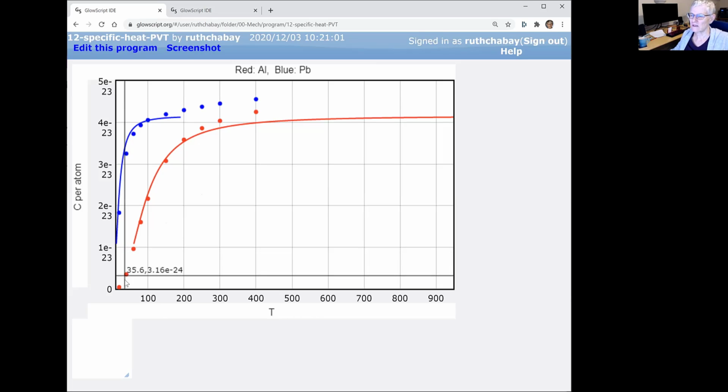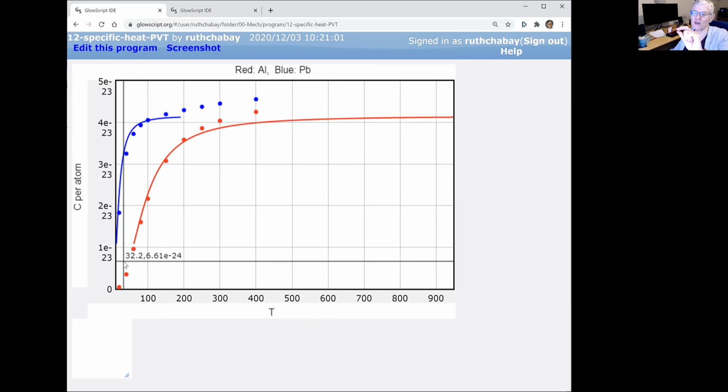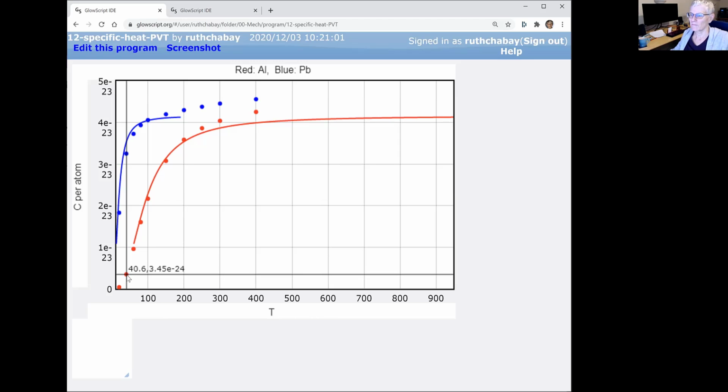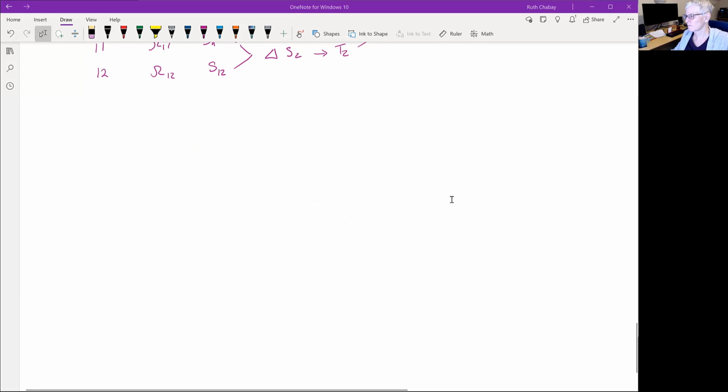So the change in energy over the change in temperature becomes smaller as we get to smaller and smaller temperatures. And we're calculating temperature based on changes in entropy as a function of energy. So basically, this is second differences here.